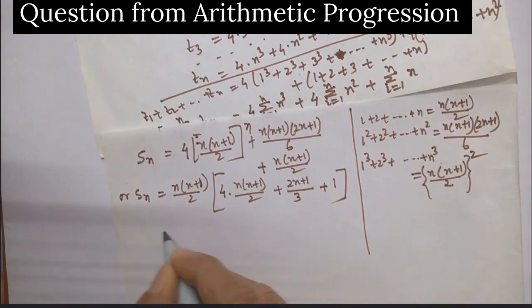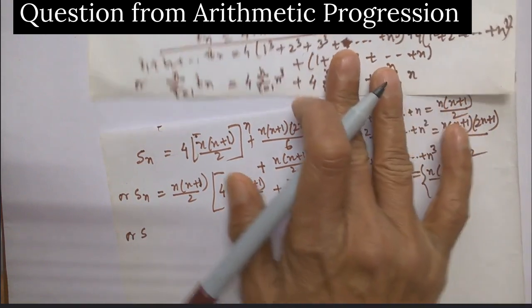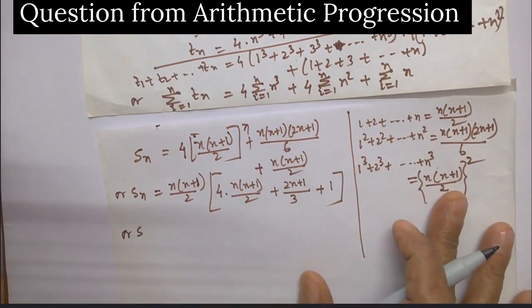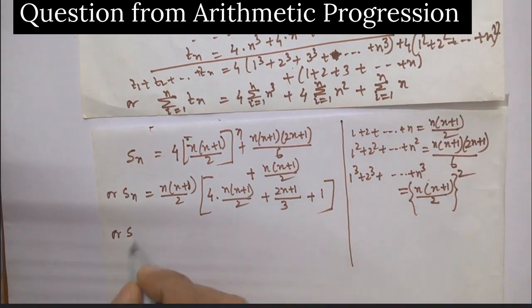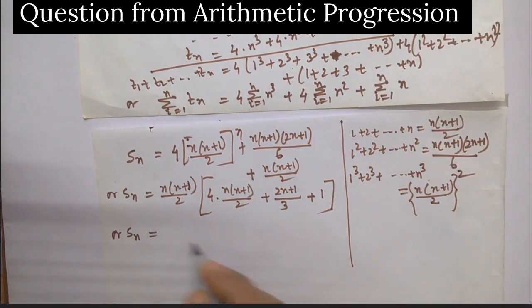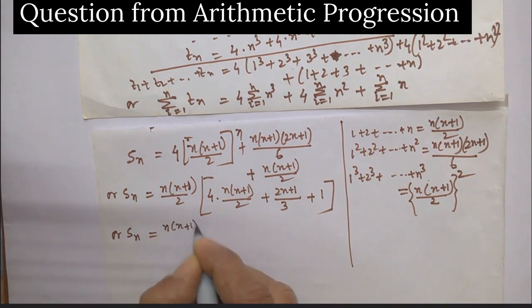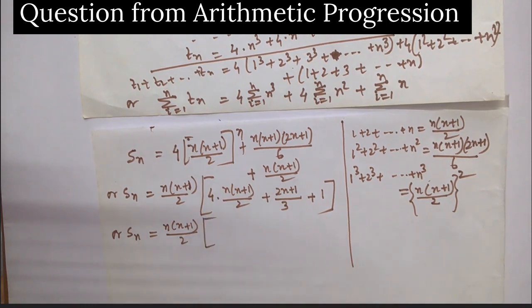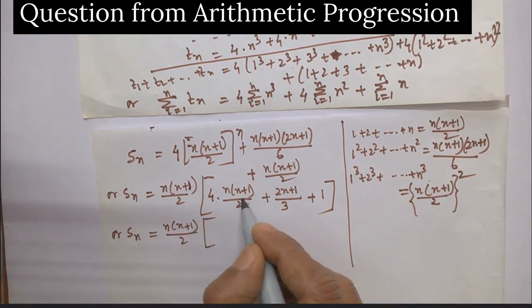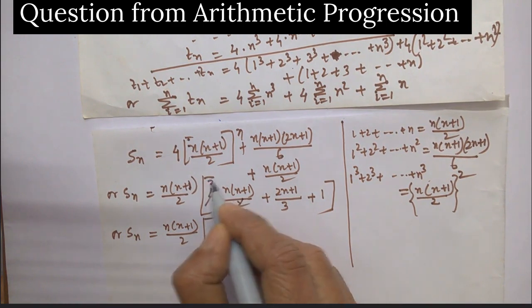Now again simplify. Sn is n into (n plus 1) by 2 as it is. Now we have to simplify this. 2 and 4 will get cancelled out.